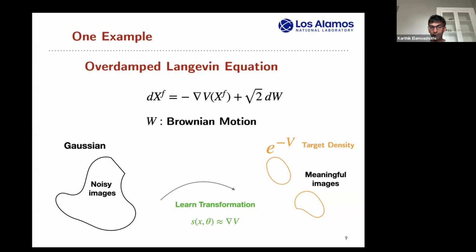In this case, there's just some images with noise, just pixels randomly noised out. And based on the data, you are trying to learn a transformation that takes you from these noisy images to these meaningful images.